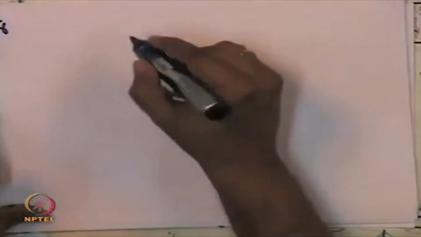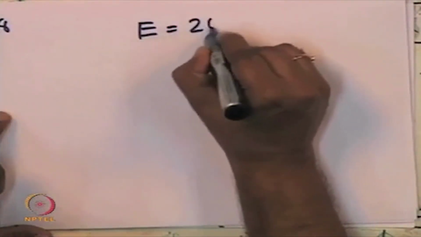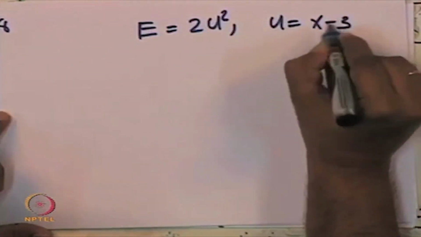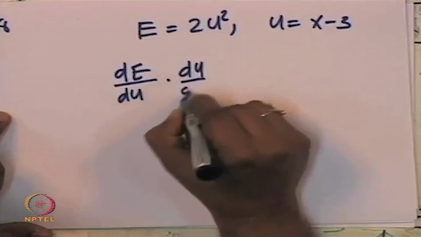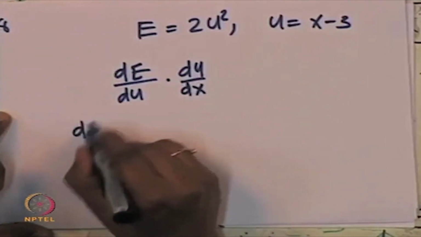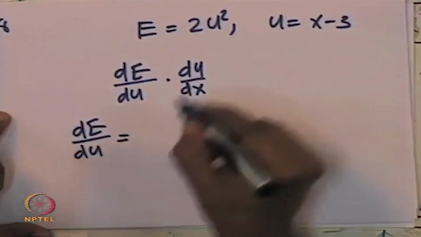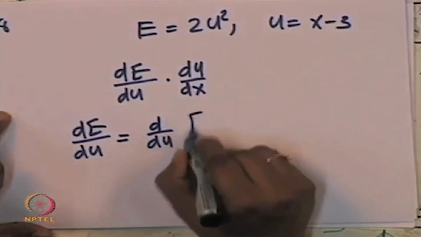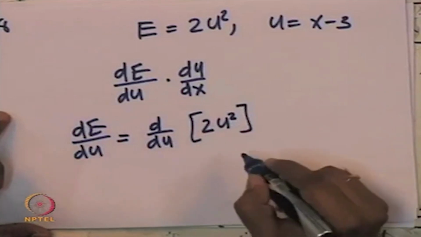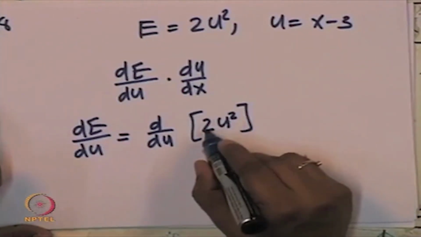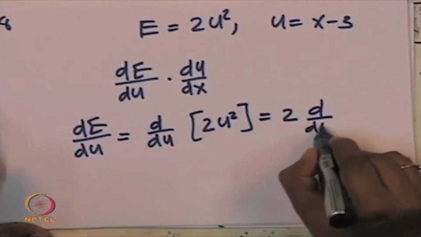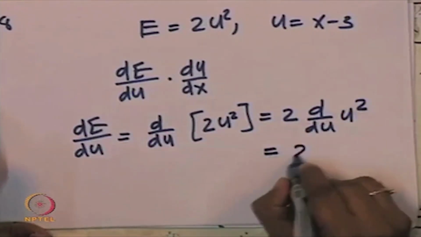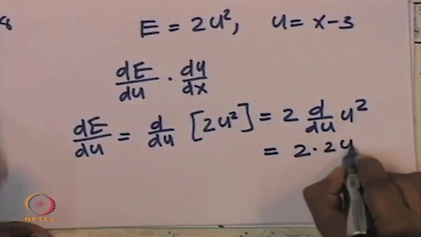What we want is E is 2u squared and u is x minus 3, and dE by du into du by dx is what we want to find. dE by du is d by du of 2u squared. According to the rule we learned, 2 is a constant, so we can just take it out. So, this is 2 into d by du of u squared, which is 2 times again 2u. So, this is 4u.